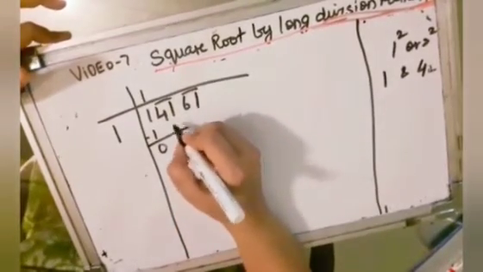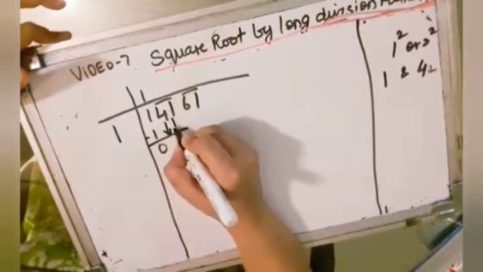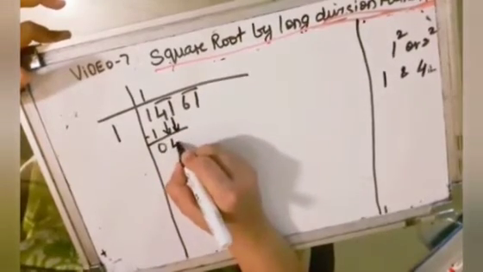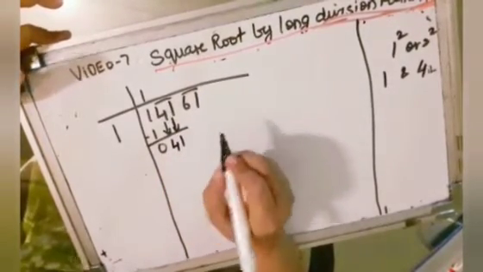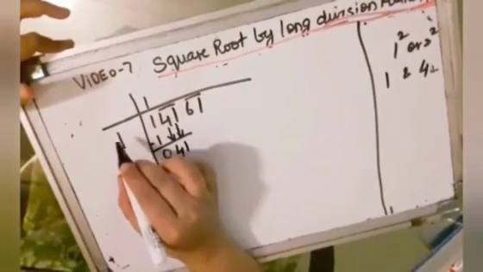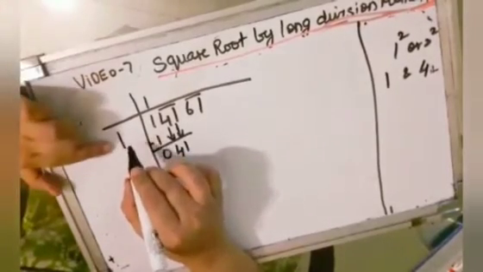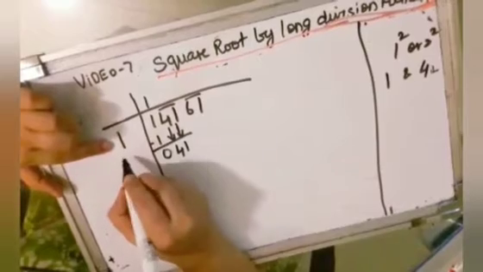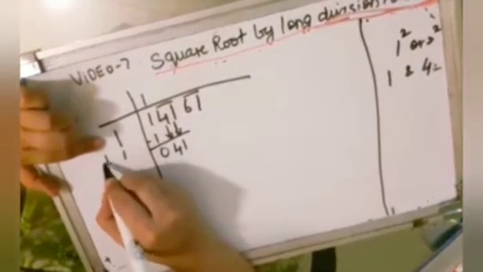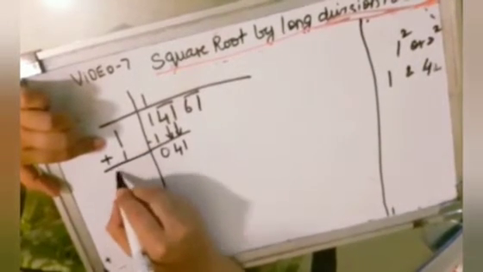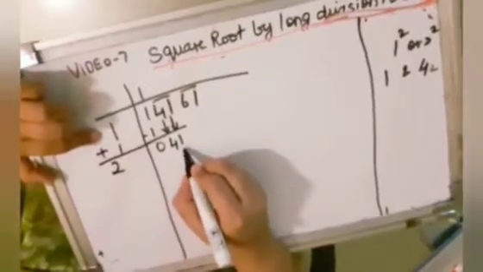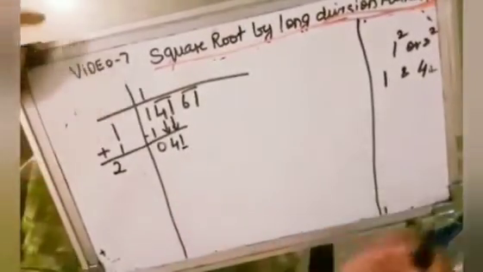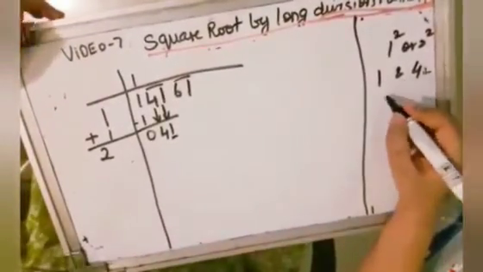Now you bring down both the numbers together, not 1. So you are bringing down 41 below. Now as I told you before, whichever number you have taken above in the first place, the same number you would add below. 1 plus 1 will give you what? 2. Now your last digit is 1. So which squares give you 1?